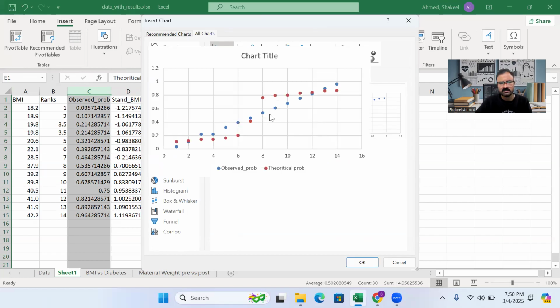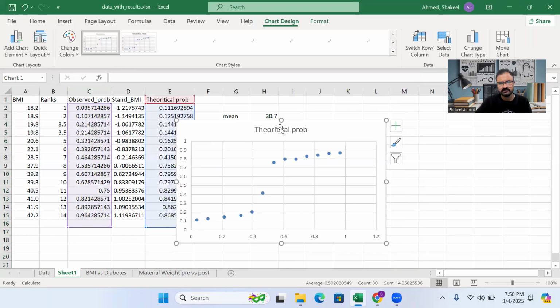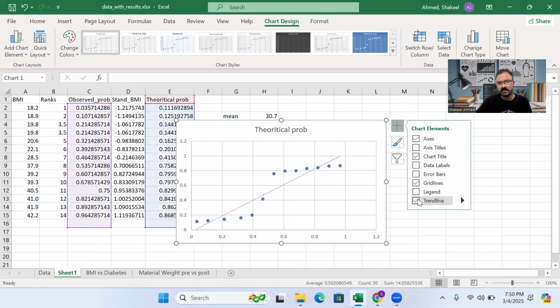This plot seems very good, and the 45-degree line is missing. You can add it using a trend line, although you can also add a 45-degree line using the same values of these two variables. So this is a 45-degree line.